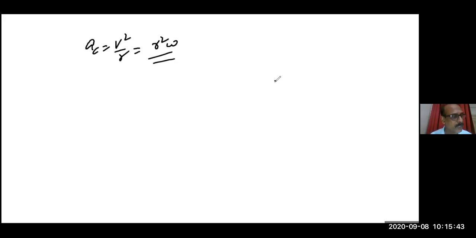Next question. Resultant of two same vector physical quantities perpendicular to each other is dash.